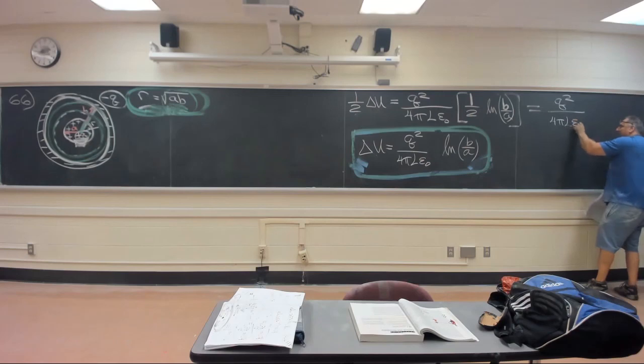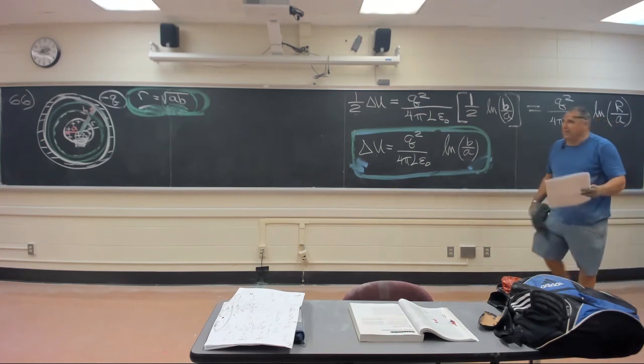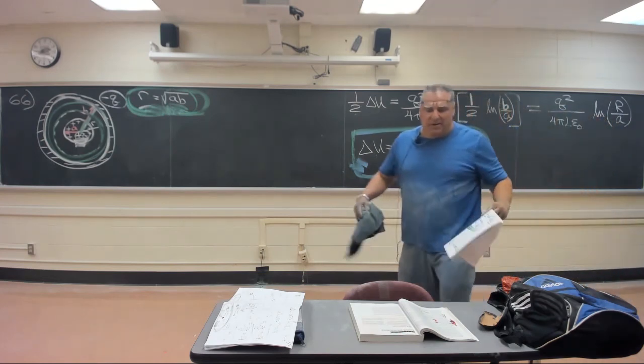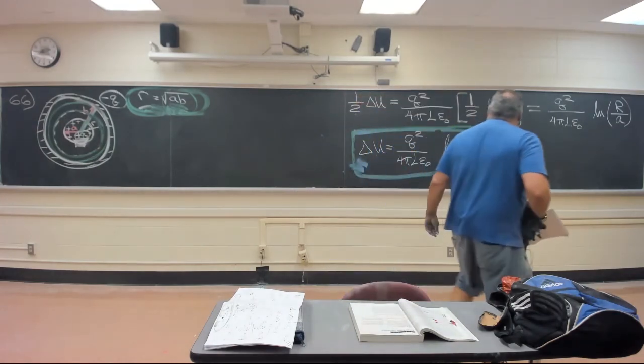Remember, that was kind of just in there. We were doing it, times ln of the integral from A to some capital R. I put capital R there, meaning it could be small r. It doesn't really matter. I used capital R, so I'm going to stay consistent with that.